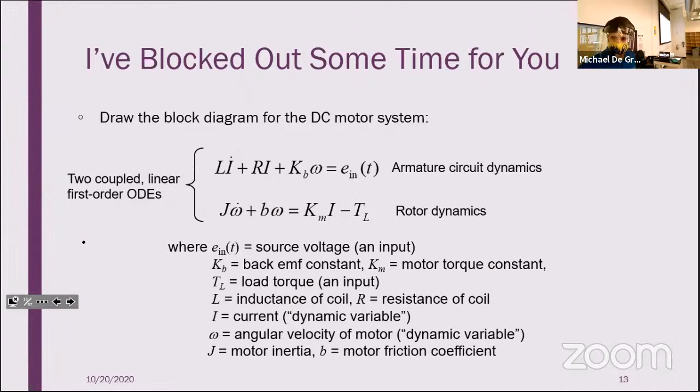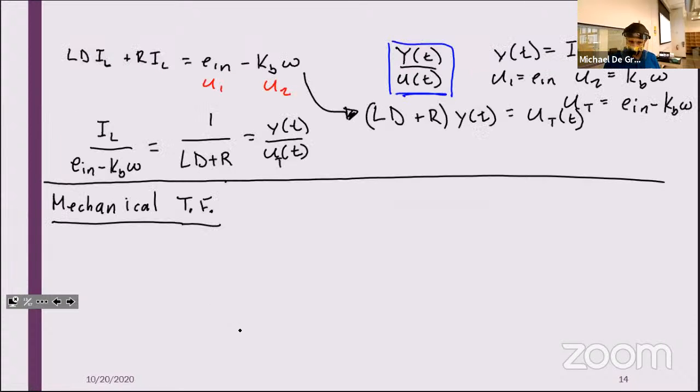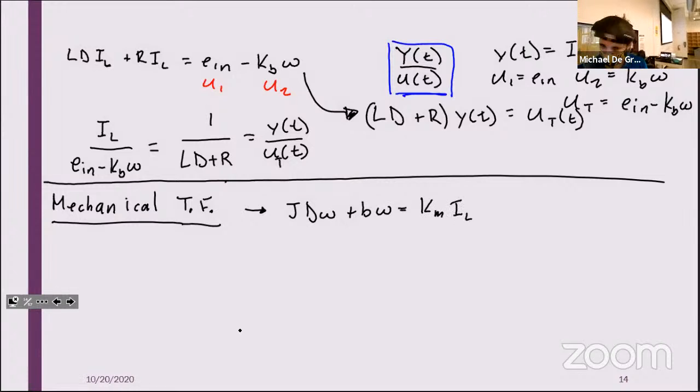Same deal here, we've got a u1 and u2 as well. So we're going to treat this entire thing as our input. So J d omega plus B omega is equal to K m times I sub L minus T sub L.